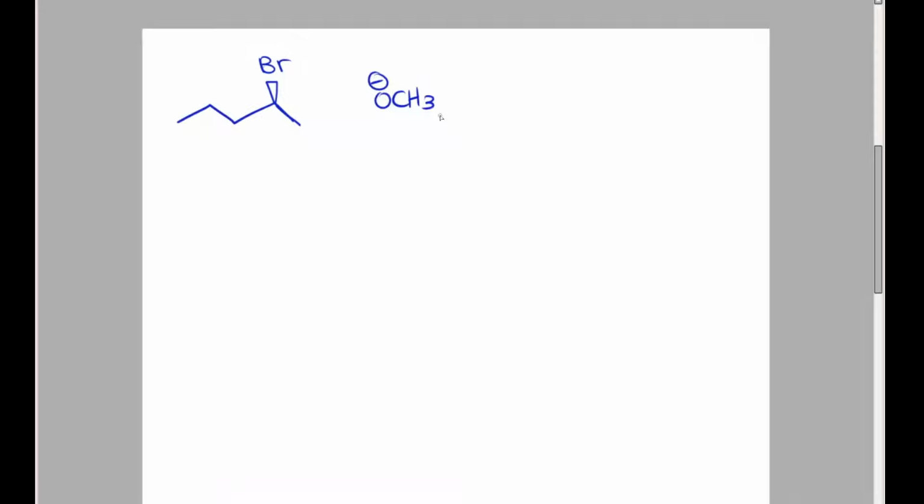And in this case, remember that there's two hydrogens bonded to this neighboring carbon atom. And with elimination reactions, the hydrogen must be trans to the leaving group. So in this case, since the bromine is wedged, the hydrogen that we accept has to be dashed.